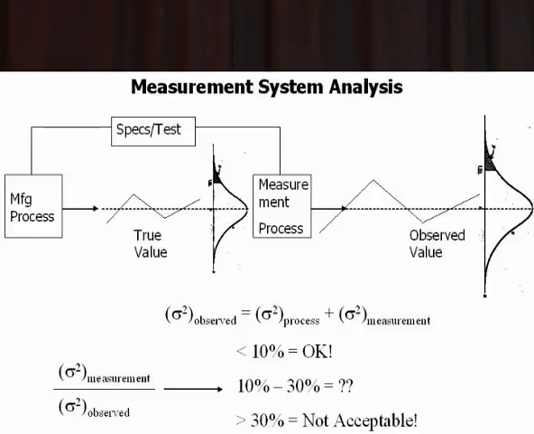So, the total variability that we have is equal to the actual variability or the true variability in the process plus the variability that is being contributed by the measurement process. In other words, the total observed variability is the sum of the true variability of the process, and added to it is the variability contributed by the measurement process.